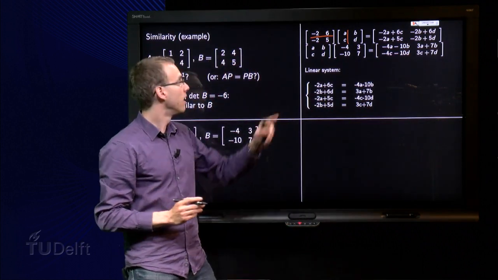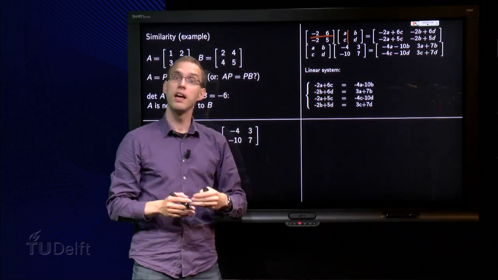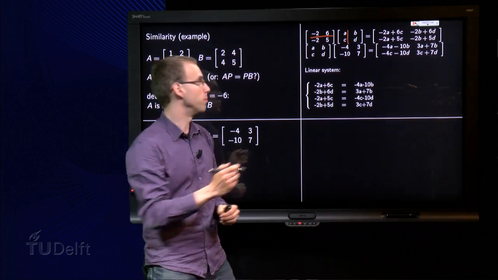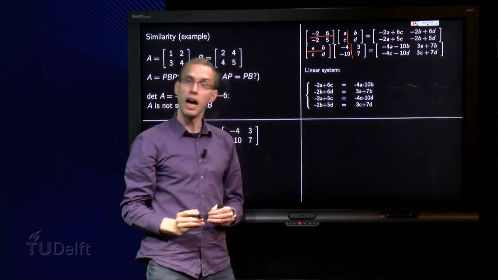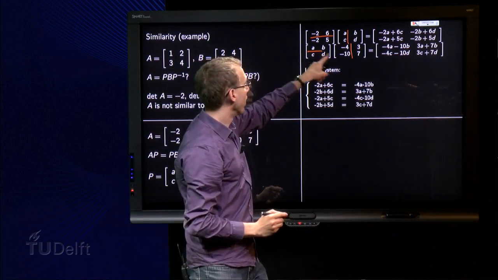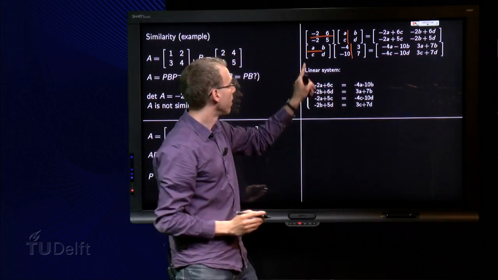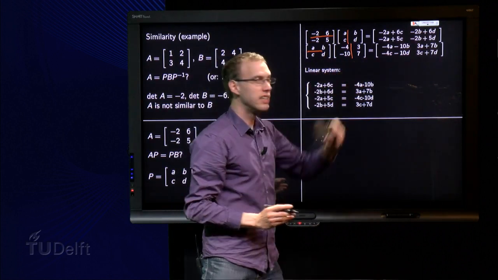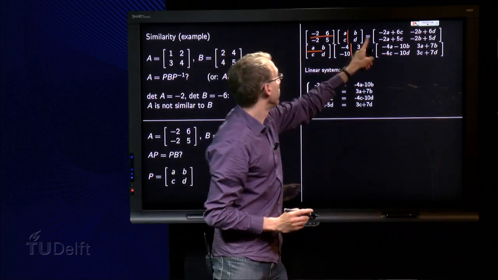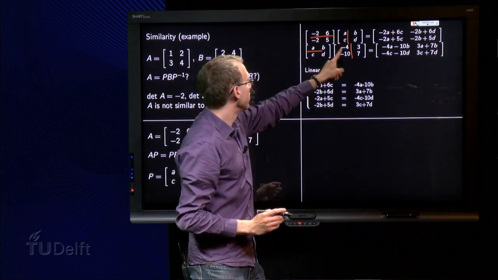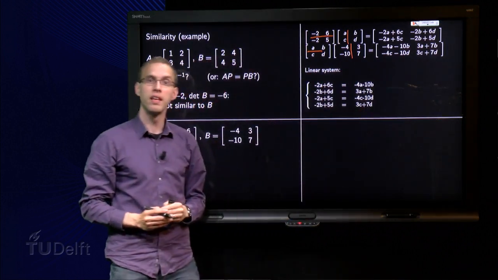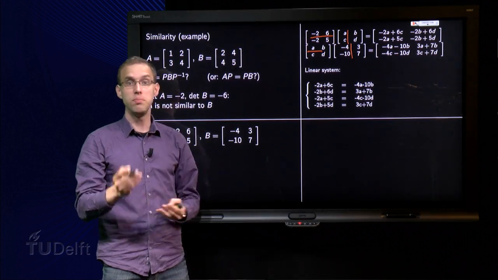So that is AP. And we also compute PB, and we find minus 4a minus 2b, minus 4c minus 10d, 3a plus 7b, and finally 3c plus 7d over there. And then we have the matrix PB.